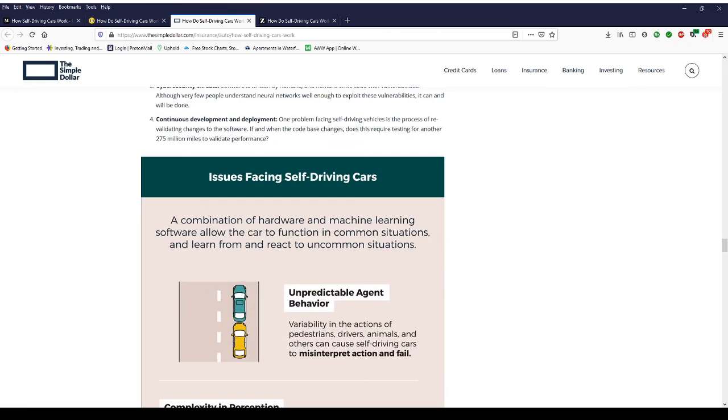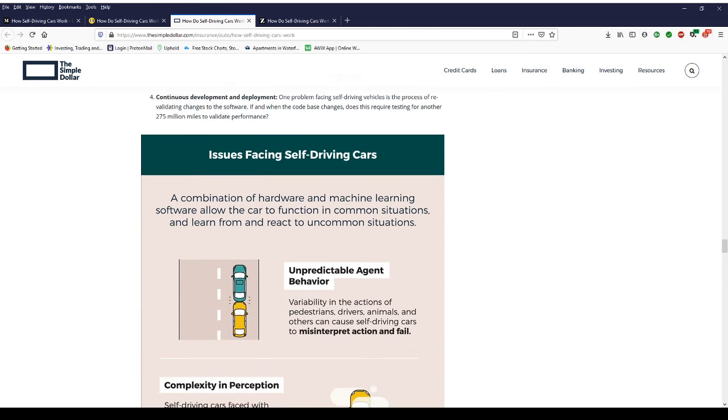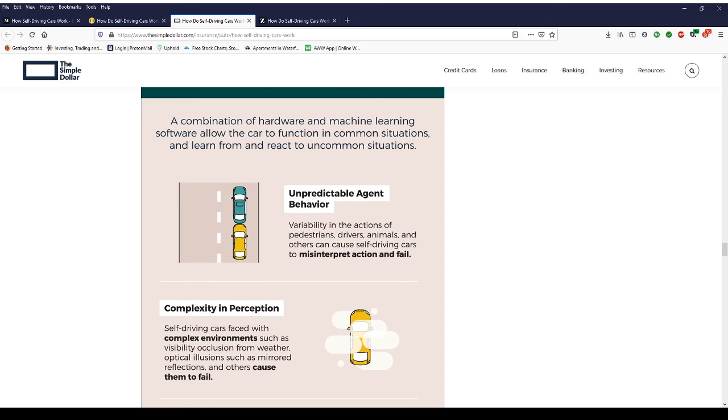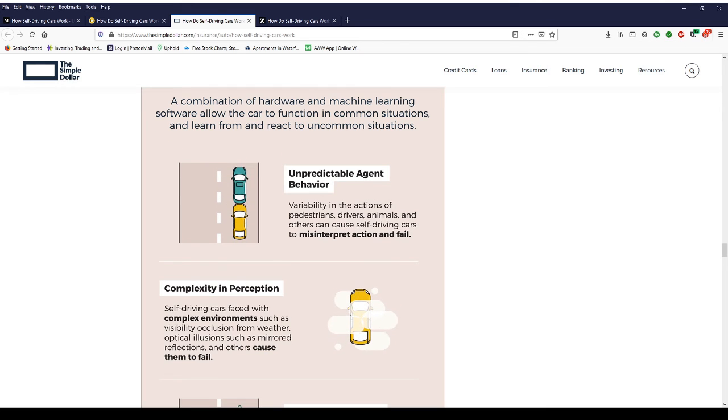Here we have some of the issues self-driving cars are facing. The combination of all these technologies, hardware and machine learning software, is very difficult, since the behavior of other objects is very unpredictable. We cannot predict what the other object is going to do, whether it's a person, another car, or an animal in front of us.